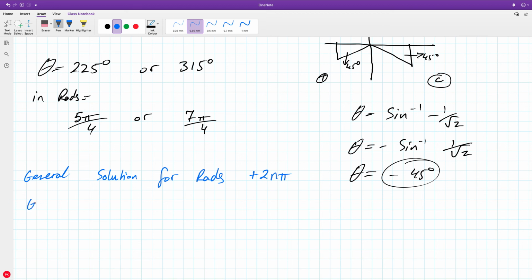General solution for degrees is plus n times 360 degrees, because 2 pi is 360 as well.